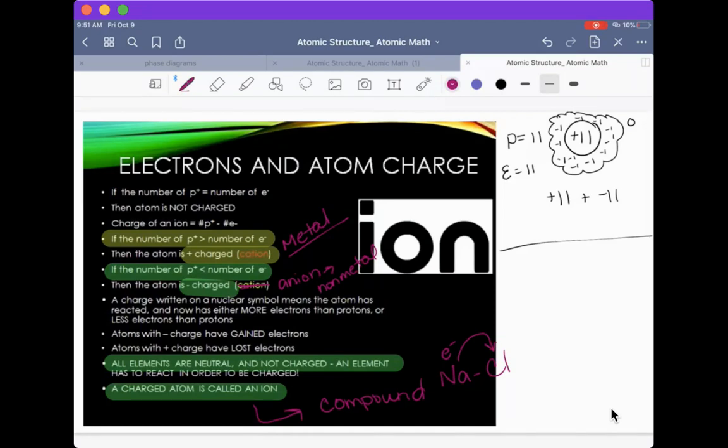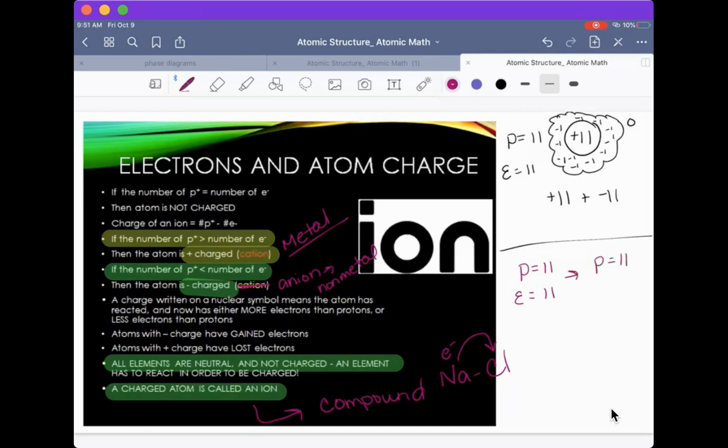Sodium has 11 protons, and its neutral atom had 11 electrons. Because we chemically reacted it and forced it to give up its electron to bond with chlorine, it now has one less electron.